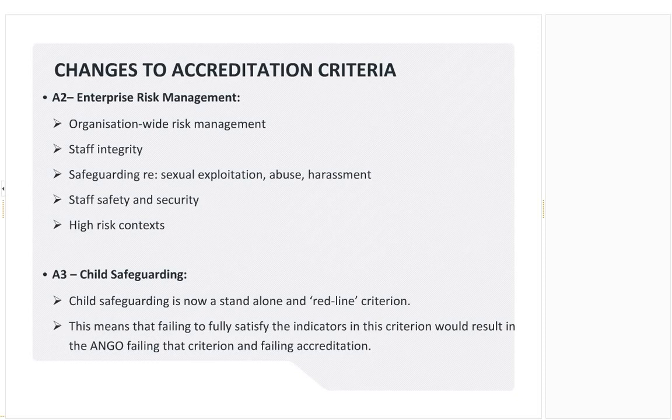It has its own indicator, and safeguarding also has its own indicator now, so that's a new indicator. There was also a new indicator in this criterion around high-risk context.